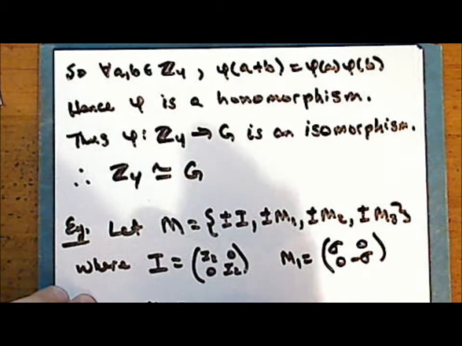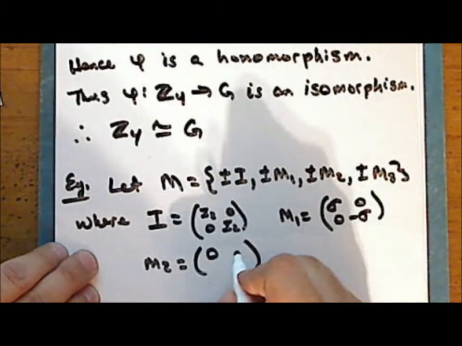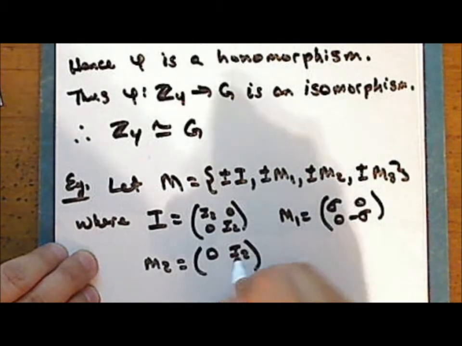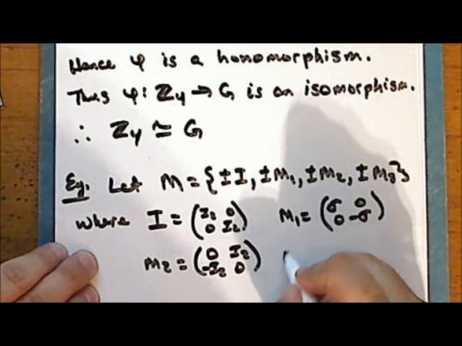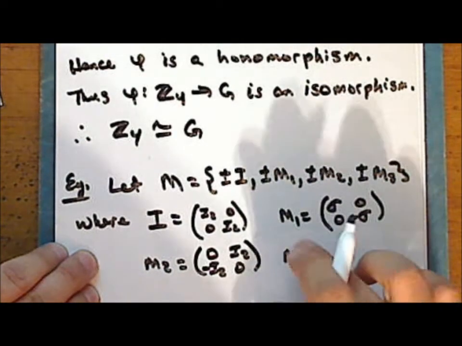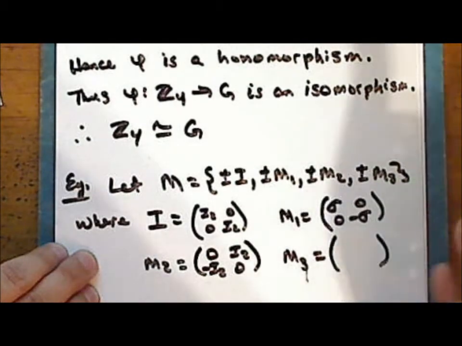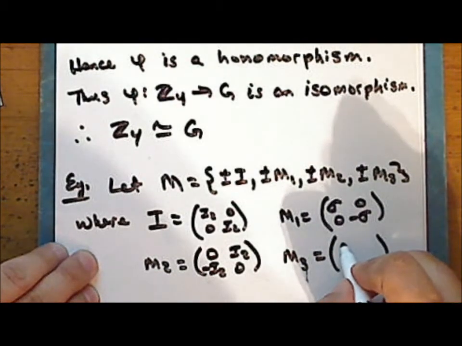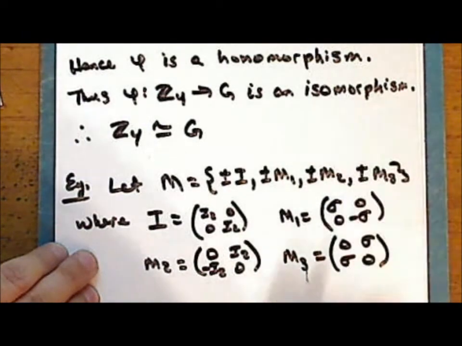M sub 2 is the matrix with entries 0, I sub 2, negative I sub 2, 0. And M sub 3 is the matrix with entries 0, sigma, sigma, 0.